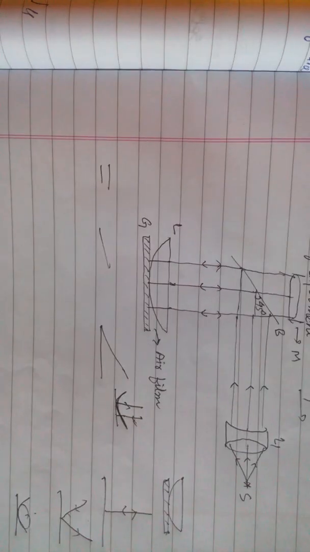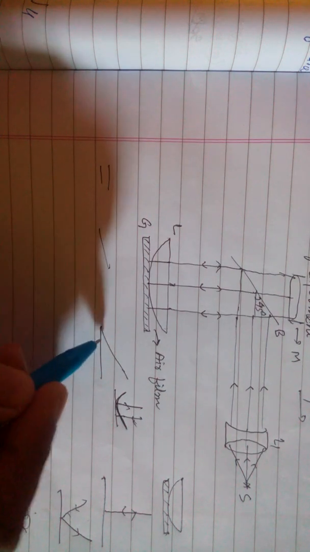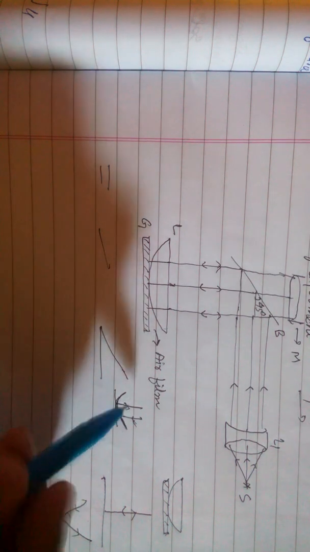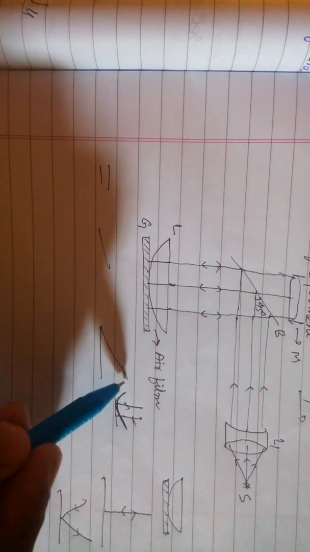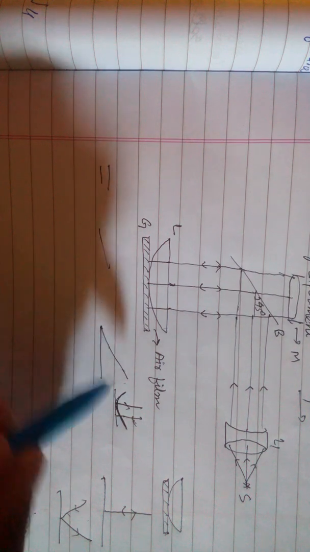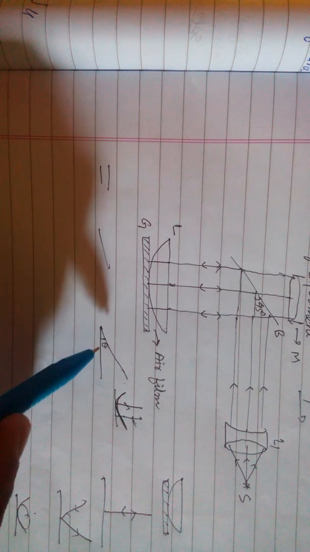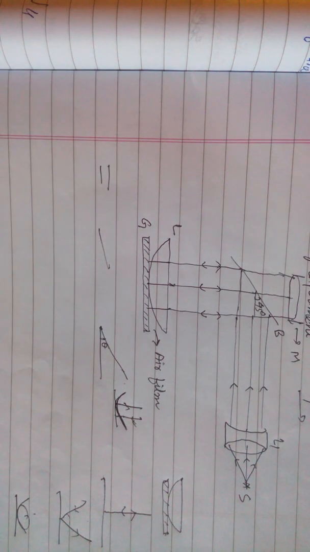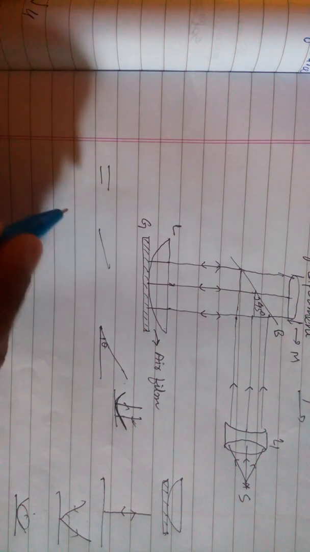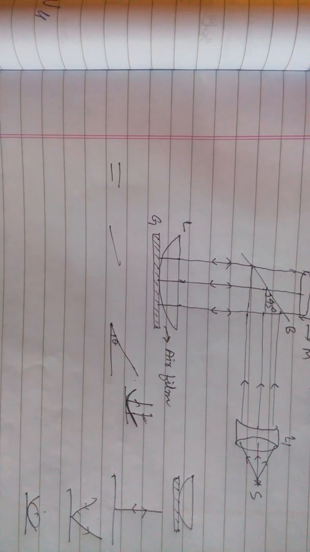Wedge shaped thin film means that at one point the surfaces are in contact, and at the other side they are not in contact, so it is making an angle theta. As per the law of interference due to reflected light, we find bright and dark fringes.